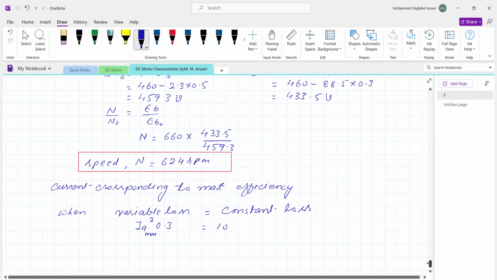So it is 1058 plus 783. This is the total constant loss. And from this, the armature current at maximum efficiency is 78.33 ampere. So this is the current under maximum efficiency.